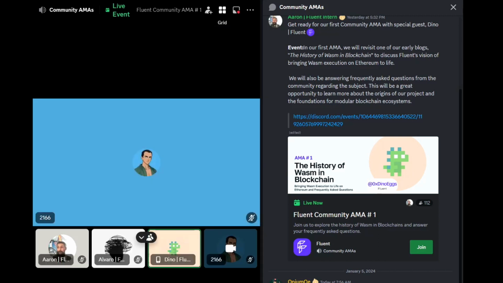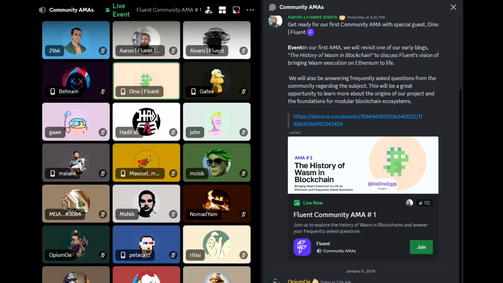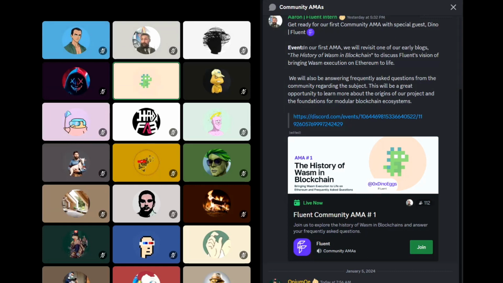Where we started off the piece, and a good initial thing to understand, is the inception of WASM and where it actually came from. Because this is something that has pretty meaningful history in Web 2.